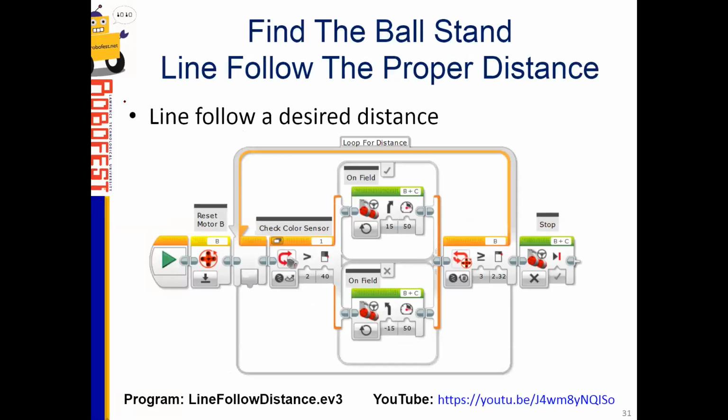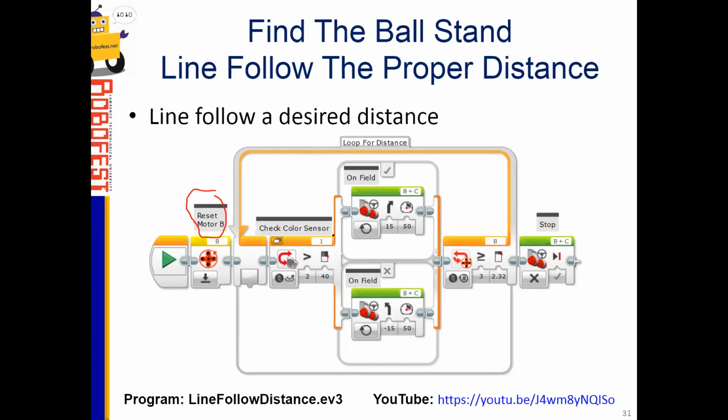So, line follow and stop after following the proper distance. So, line follow with distance EV3. We're going to have to count number of rotations to stop. So the first thing we need to do is reset motor B. Then we're going to do our standard line following loop, right?